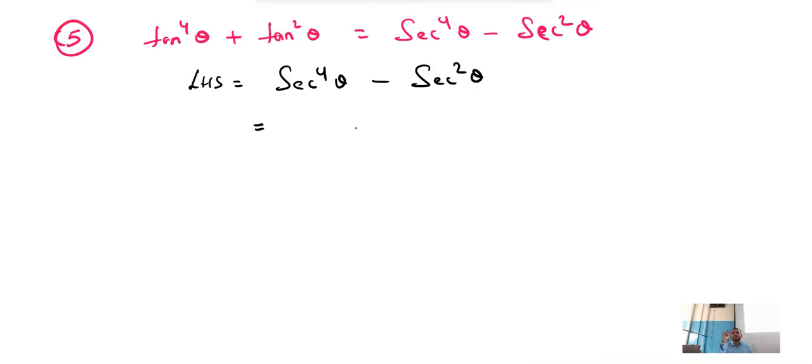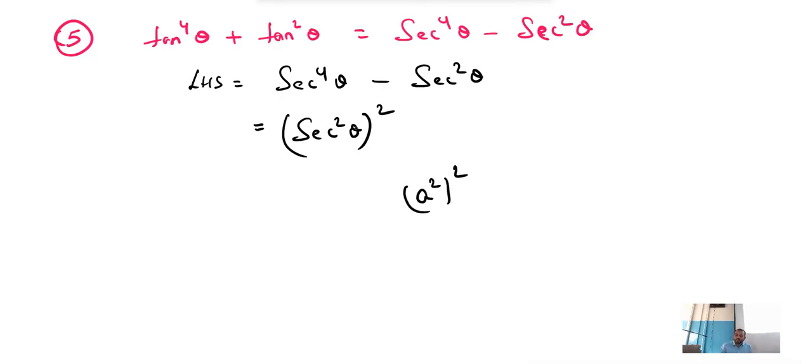Till now we have power 2 identities, correct? Sin square, cos square, tan square. Do we have any formula for sin power 4 theta? No, we don't have. So what is the first step? We have to change power 4 as power 2. How can we change? Secant square theta whole square. Can we write? 2 2s are 4, no?